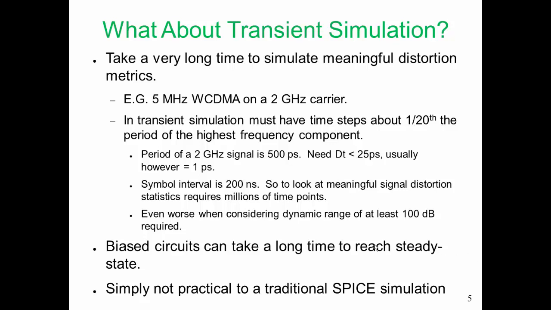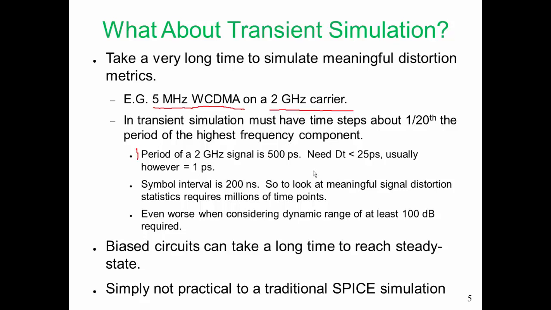If we do the transient simulation of our sample signal here, a 5 MHz wideband CDMA signal on a 2 GHz carrier, we would need a time step for the simulation that is much shorter than the period of the 2 GHz carrier. The period of the 2 GHz signal is 500 picoseconds.